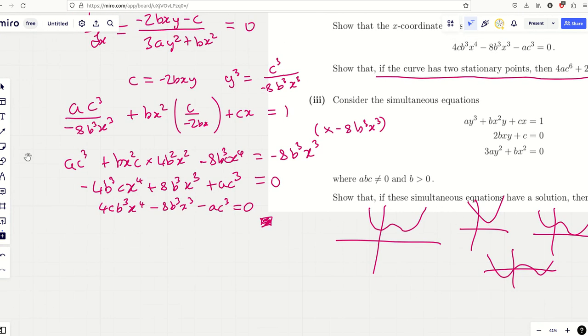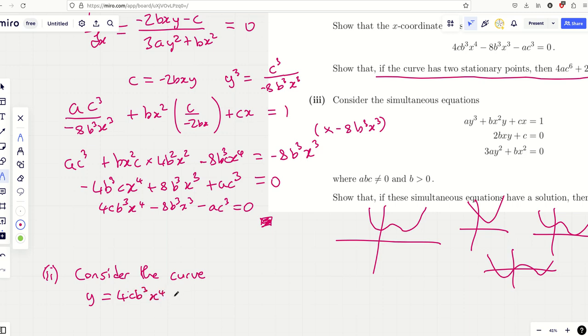Okay, so what I'd said next was, and this is the next part of part 2, it's a difficult bit. Consider the curve y equals 4cb cubed x to the 4.